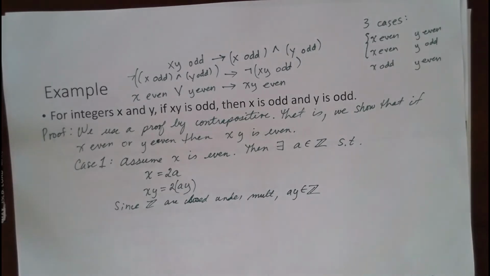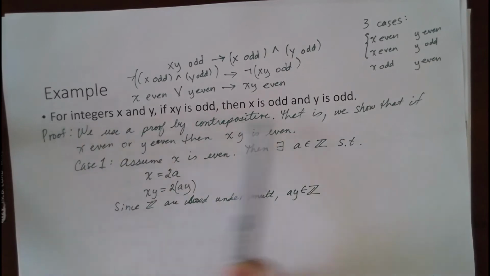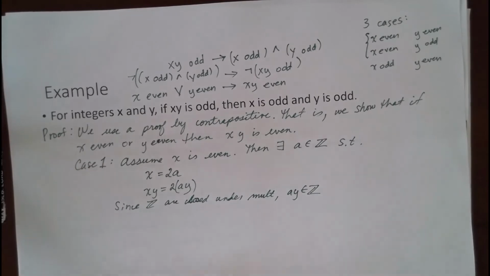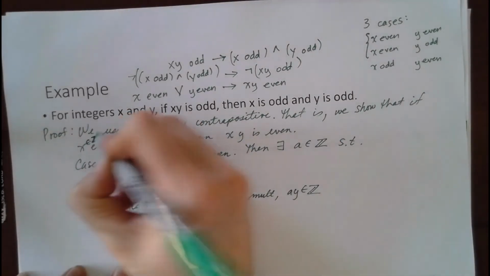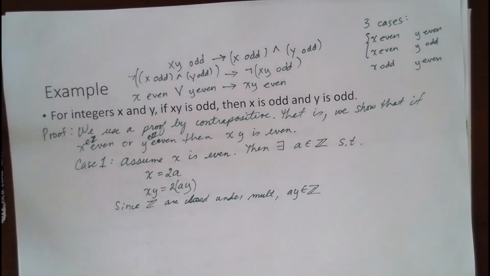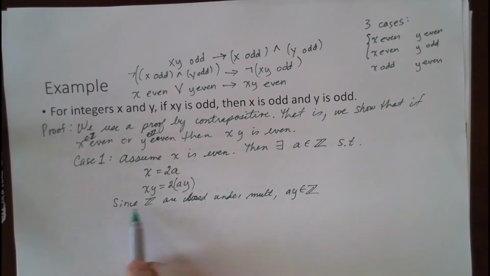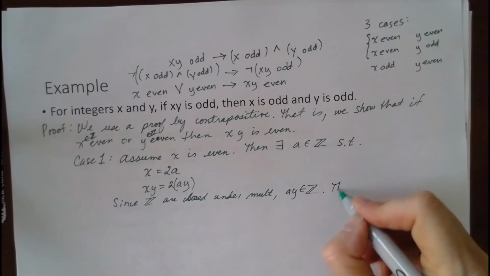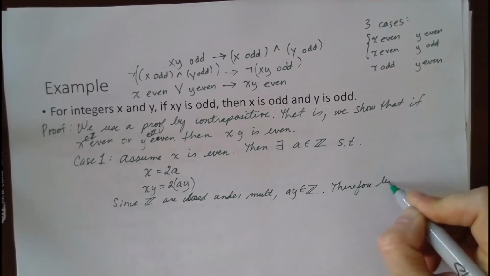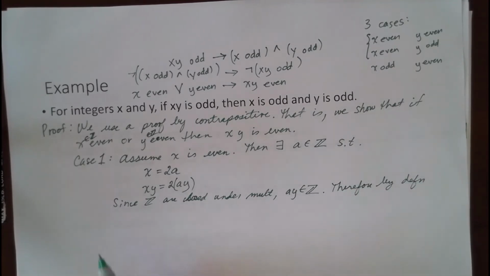I forgot to write that x is an integer and y is an integer, but x is an integer here, y is an integer here. So since the set of integers is closed under multiplication, that has to be an integer. Therefore, by definition, xy is even.